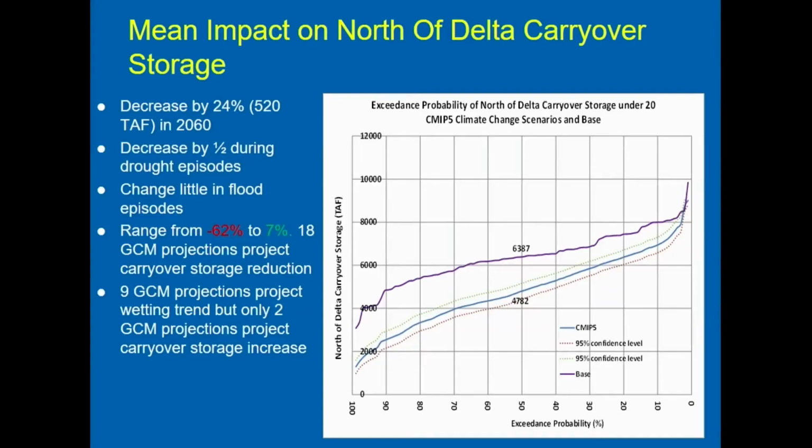So the change in Delta carryover storage ranges from a 62% reduction to a 7% increase, something like that. Next.